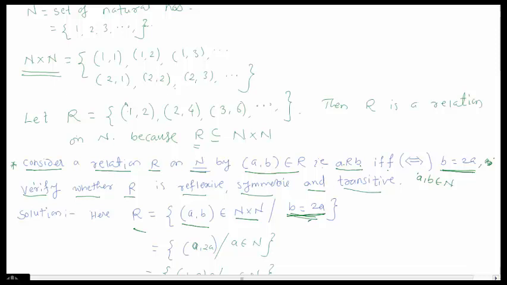This R is the same as the above R, written in set builder notation.